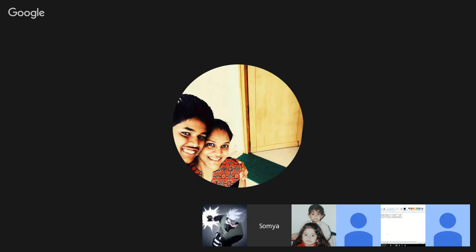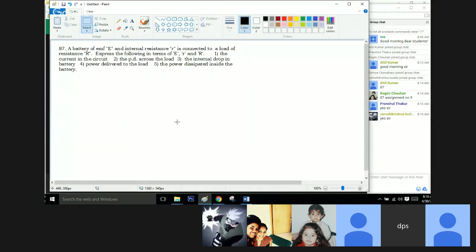Okay, fine. Then a battery of EMF E, internal resistance r, is connected to a load of resistance R. All right, let me draw the diagram first. It is a cell of EMF E and they are saying internal resistance is smaller.